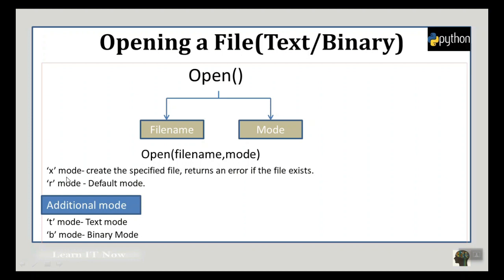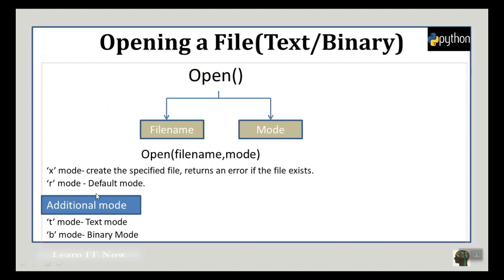So your X mode creates the specified file and returns an error if the file exists. So I told you, if you are not sure about whether the file exists or not, you can open it in X mode. If the file exists, it will not open the new file. If the file doesn't exist, it will open the new file with the same name.